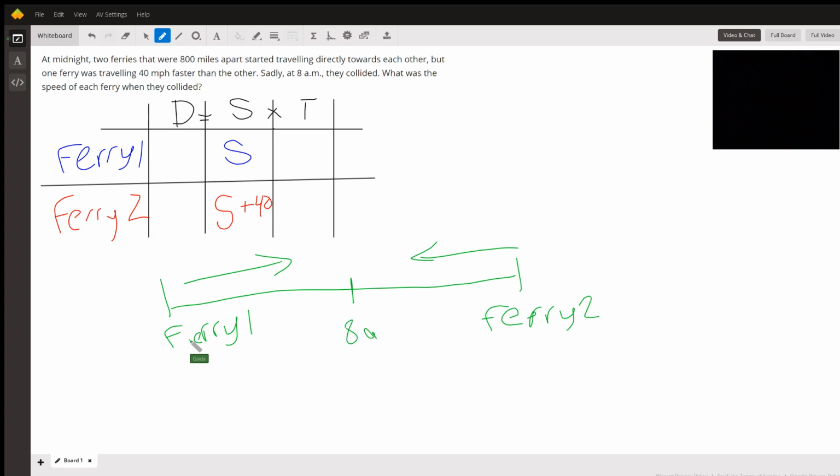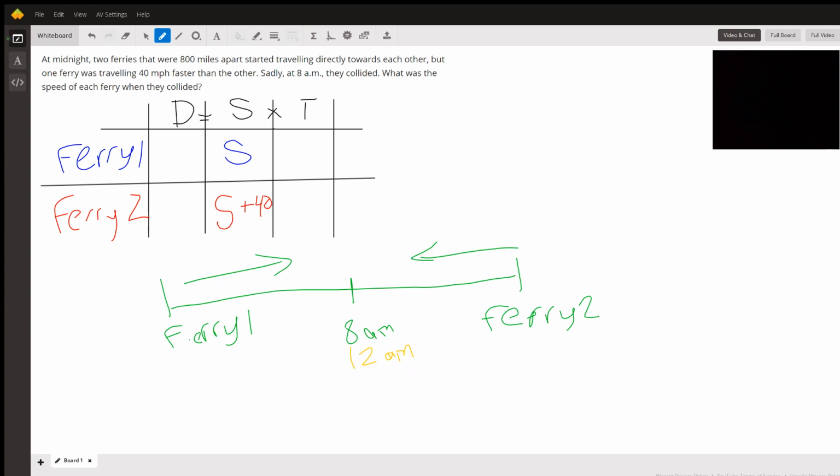This is at 8 a.m. They started at 12 a.m. So if they started at 12 a.m. and they collide at 8 a.m., that means that they were traveling for 8 hours, from 12 to 8. It'd be 12 o'clock, 1 o'clock, 2, 3, 4, 5, 6, 7, 8 o'clock. So they were traveling for 8 hours, both of them, because they started at the same time and they collided at the same time.